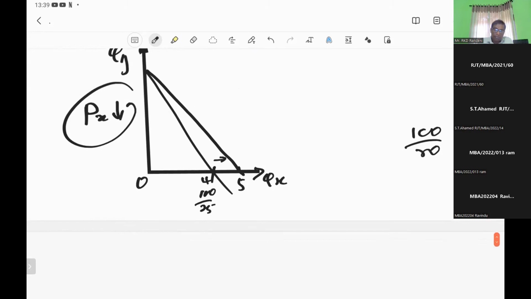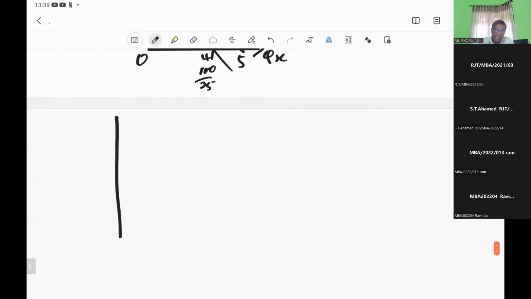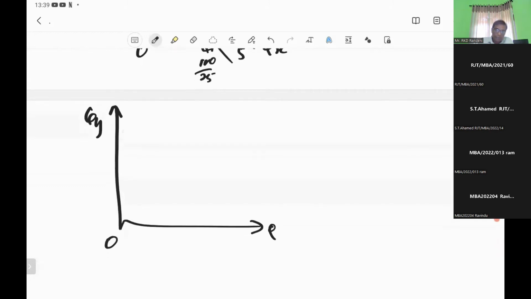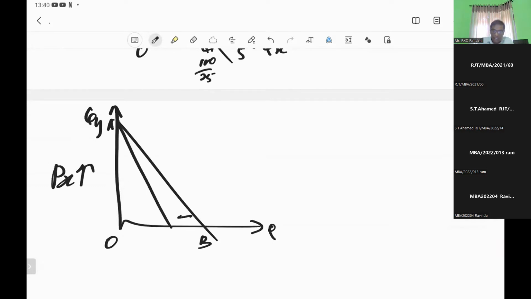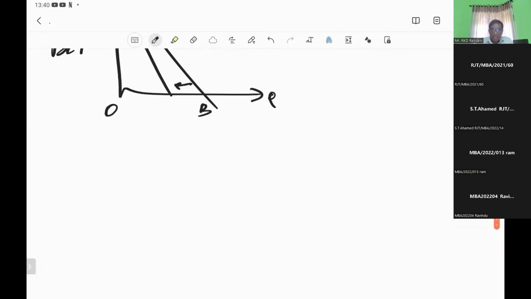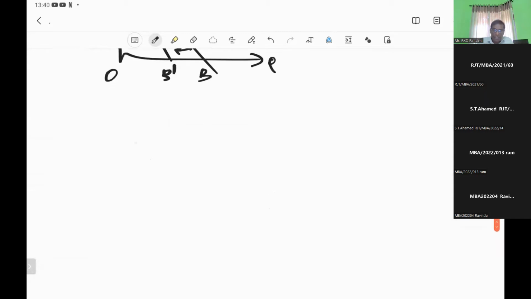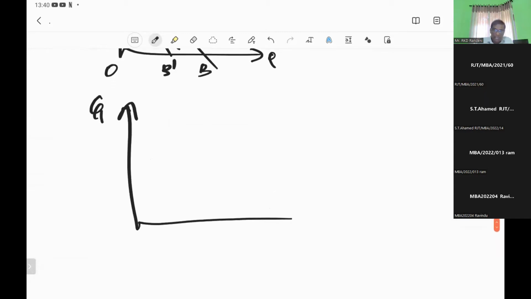Then the price of X, here quantity Y, quantity X, 0, that is budget line AB. When the price of X is increased, then the budget line shifts to the left hand side, rotates left hand side, that is AB dash. Then quantity Y, quantity X, here 0 is the budget line. We put that AB.